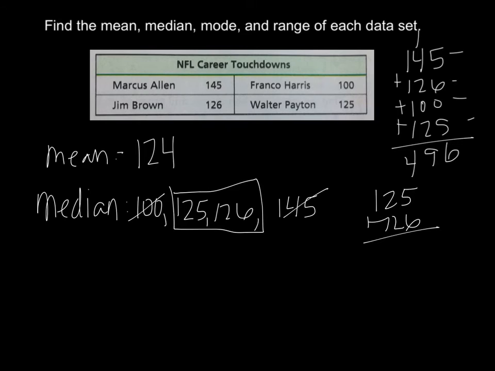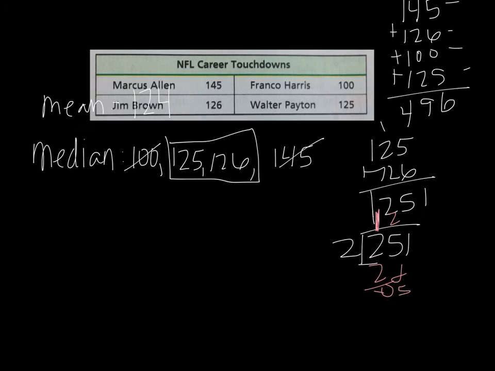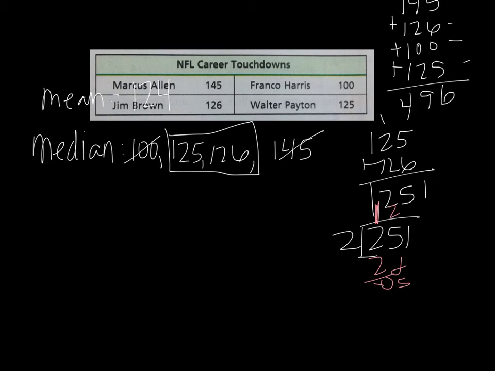125 plus 126 is 251, and I divide it by 2. Sorry, let me do a different color. 2 goes into 25 5 times, minus 10. I have 1 left over.